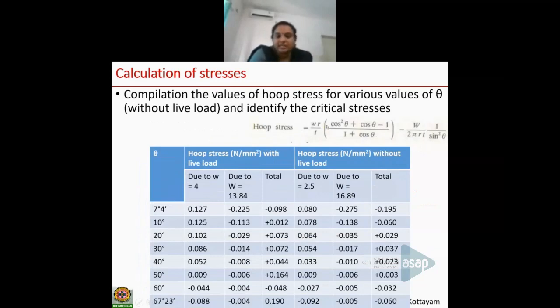Apply this theta from alpha to phi at different values. Find out this value, and there you should do with live load and without live load, and this will be the value that you will be getting. And here also you have to identify the critical stresses.